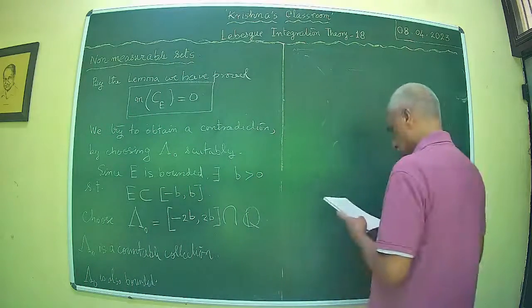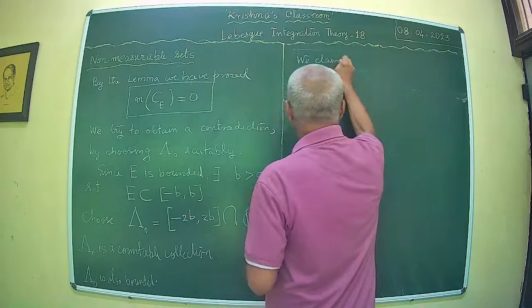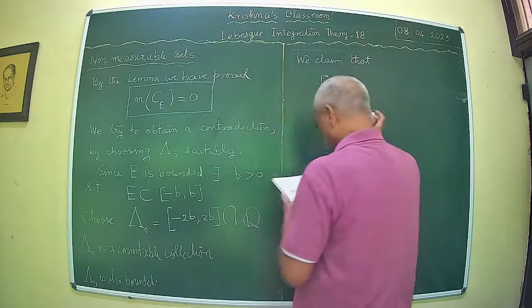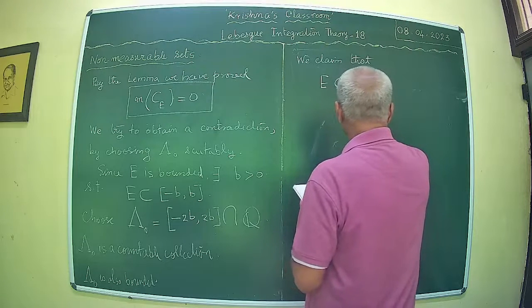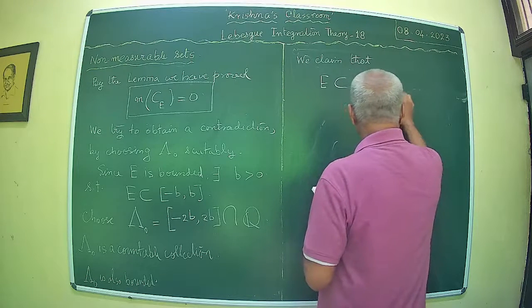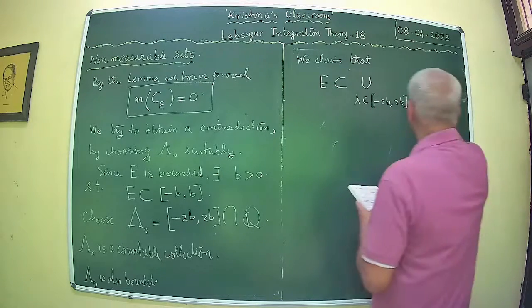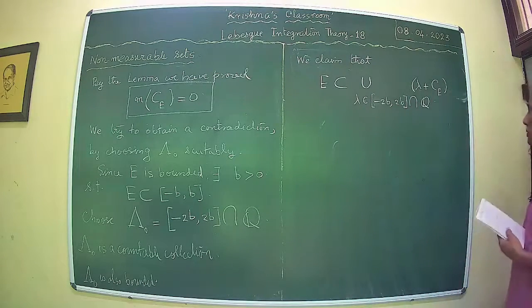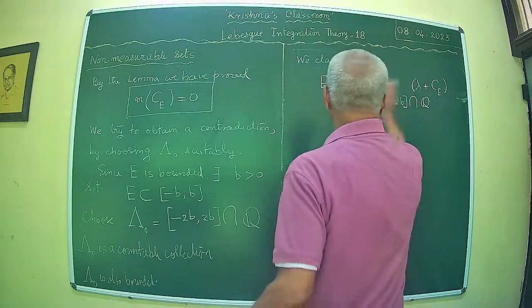For that, now E is claimed to be contained in Q. How do you prove this? See that, suppose you take two elements here.